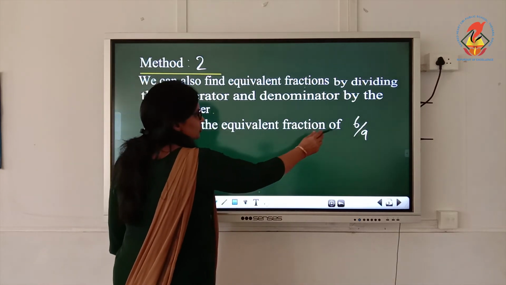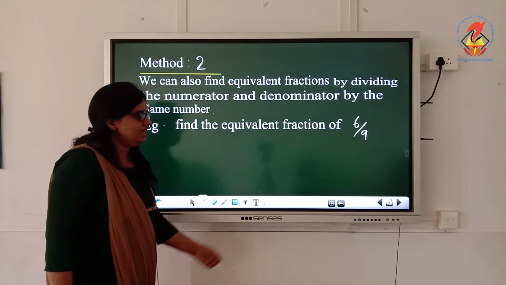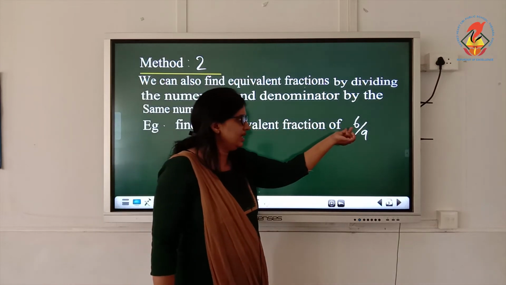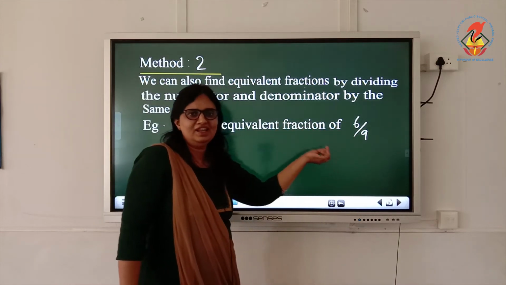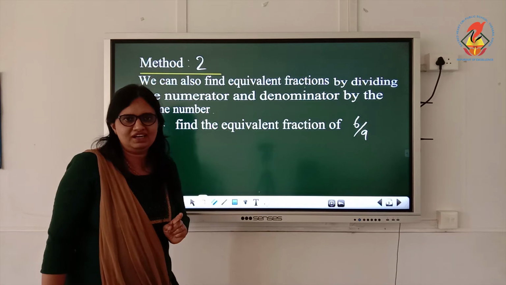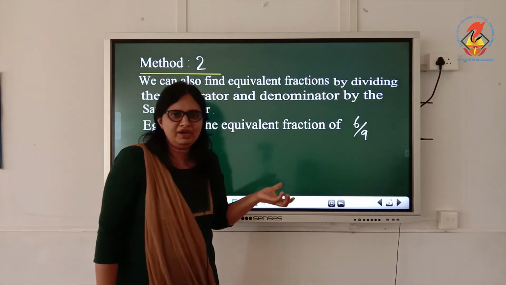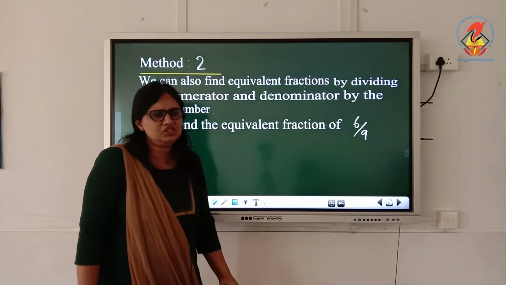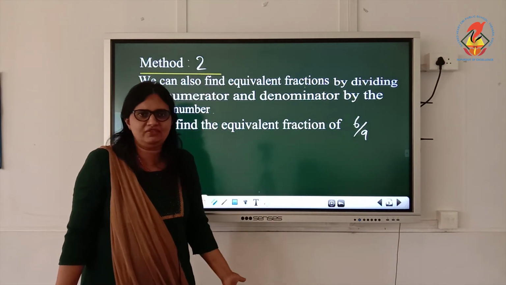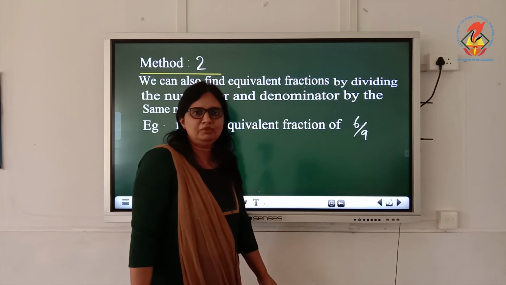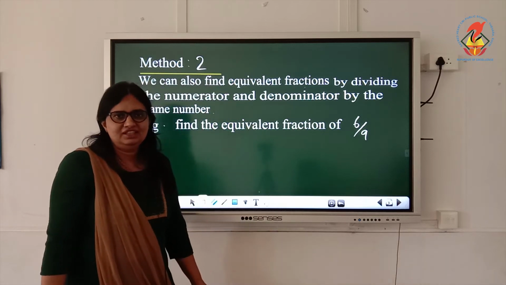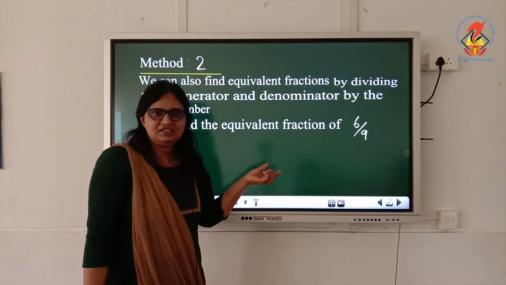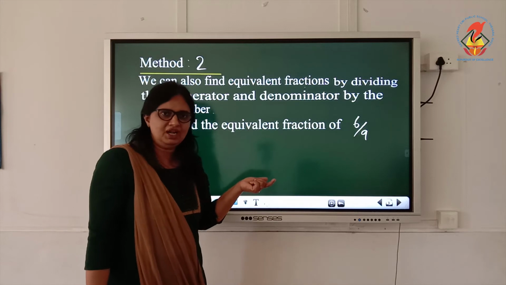Find the equivalent fraction of 6 by 9. Here we can divide the numerator and denominator by the same number, by a common factor of numerator and denominator. Which one is the common factor that we can divide both numerator and denominator? 6 by 9. 6 by 3, is it possible?